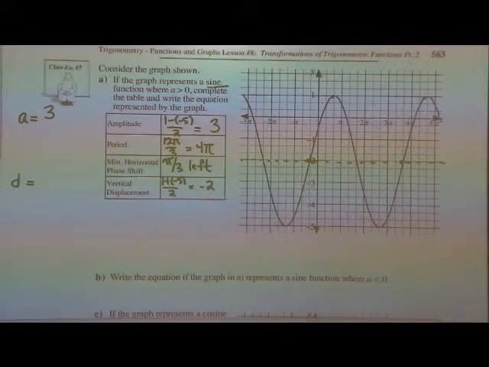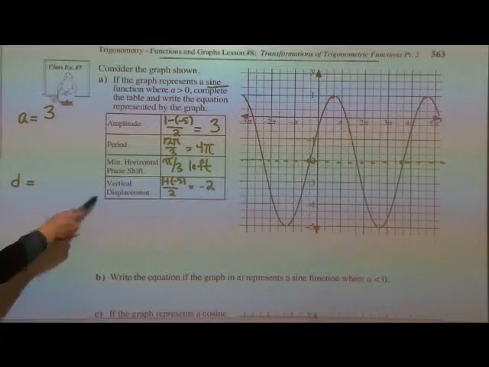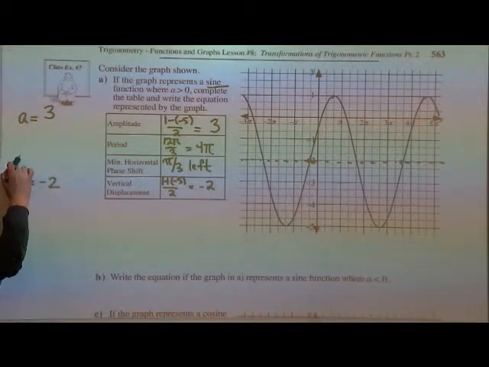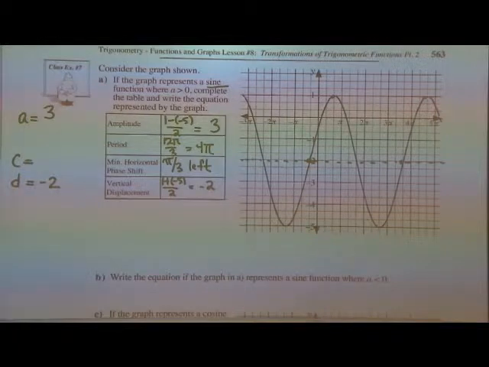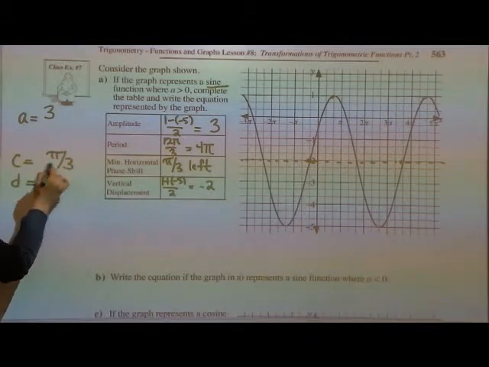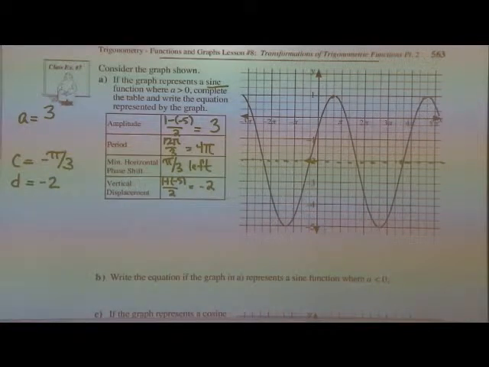What's D equal to? -2. It's the vertical displacement. C is the horizontal phase shift, so what is it going to be equal to? Pi over 3. And because it's to the left, it would be a negative.